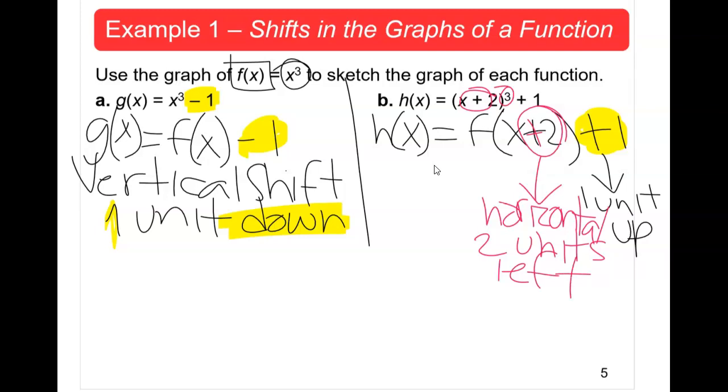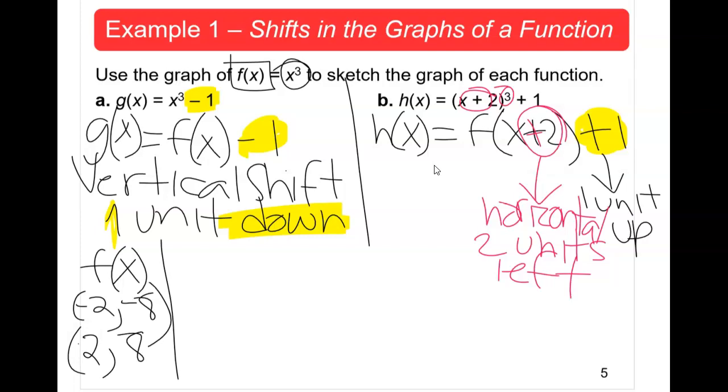Okay, so what does this mean? So for example, on the parent function, we could have the following points. Let's use 2, -2. So we could have the point -2, comma, -2 to the third power will be -8. And then we could also have the point +2 and +8.